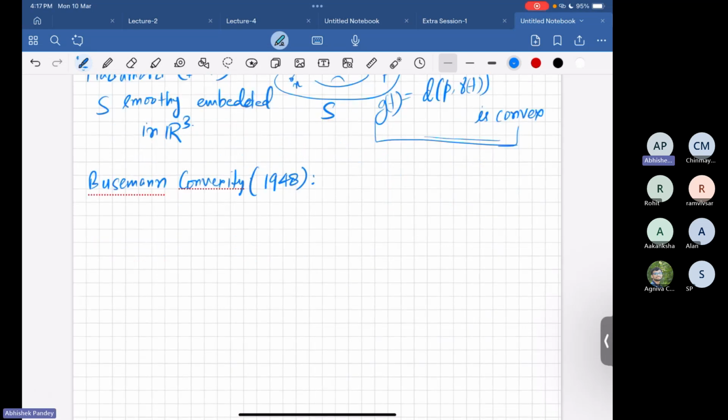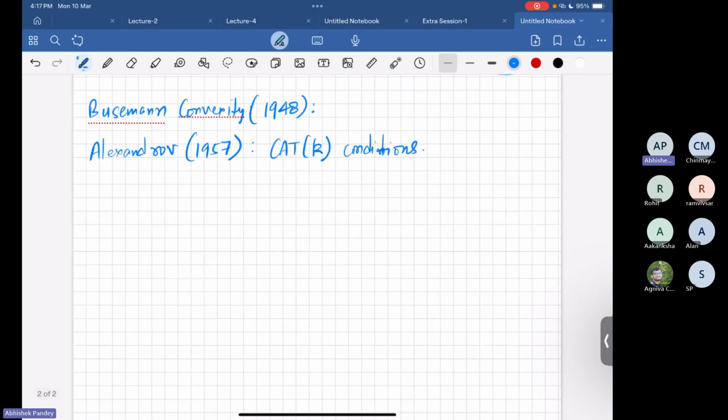Later on in 1957, Alexandrov introduced several equivalent definitions for a metric space to have curvature bounded above by K. Here K is any real number, and these definitions are now known as the CAT(K) conditions.